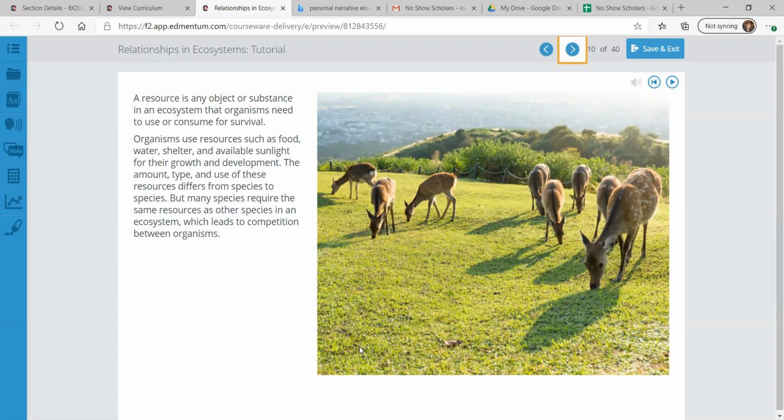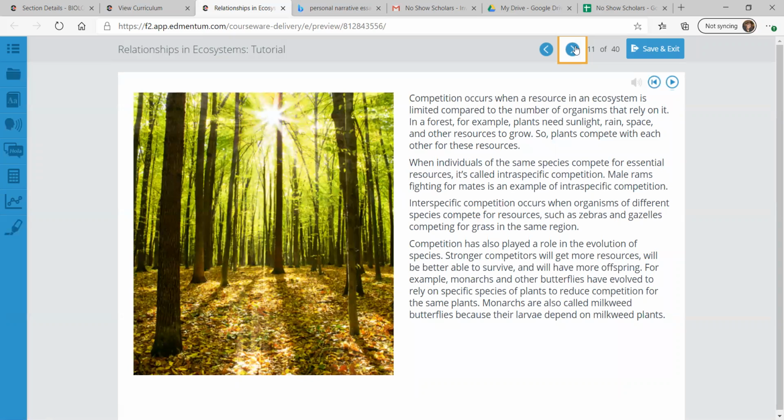But a lot of species require the same ones, and that is why competition takes place. In a limited resource ecosystem, for example, in a forest, plants need sunlight, rain, space, and other resources. So plants are competing with each other for those resources.